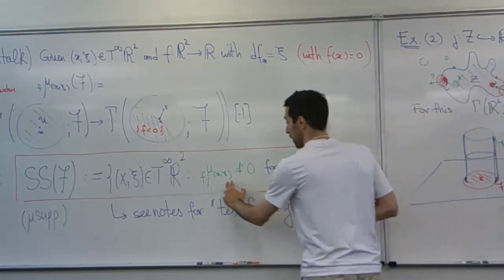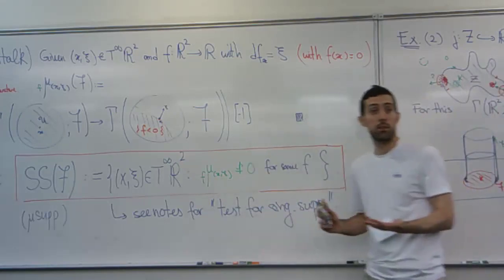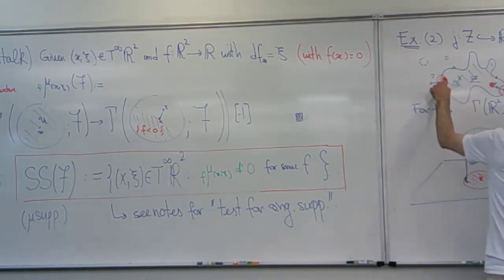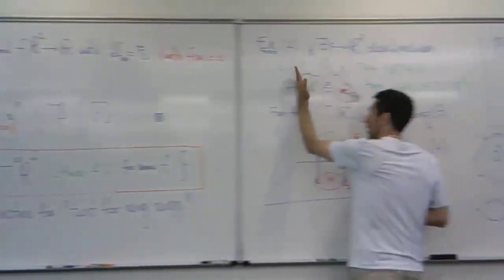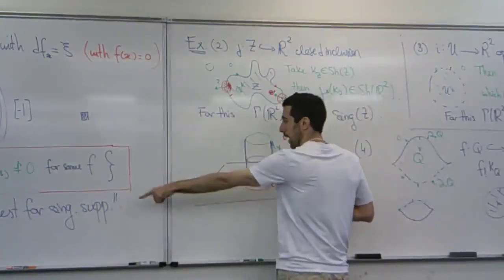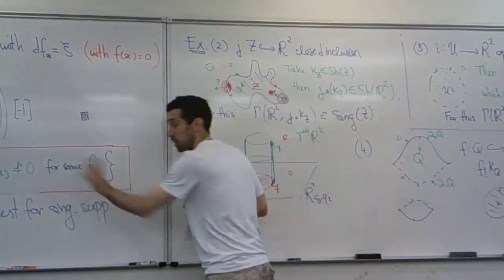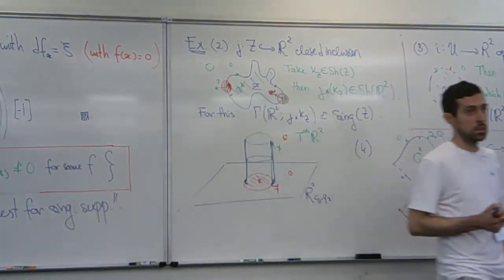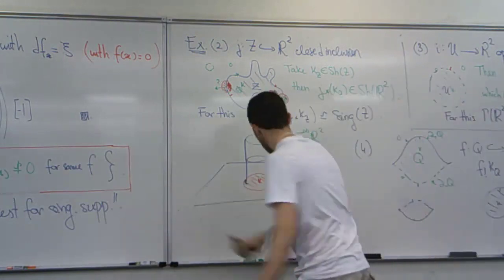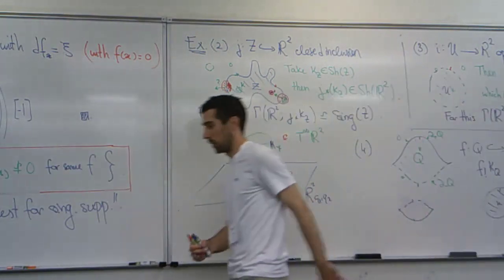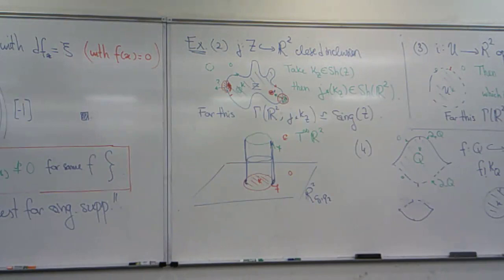And for that class of f's, whether this is 0 or not is independent of f. So actually for that one, you do check that a linear function here is a test function. Then you apply the proposition and it tells you that that's 0 for that test function, but in fact that implies that 0 for all. Okay. So in practicality, you do need to use that proposition, but once you use it, you're kind of good to go.